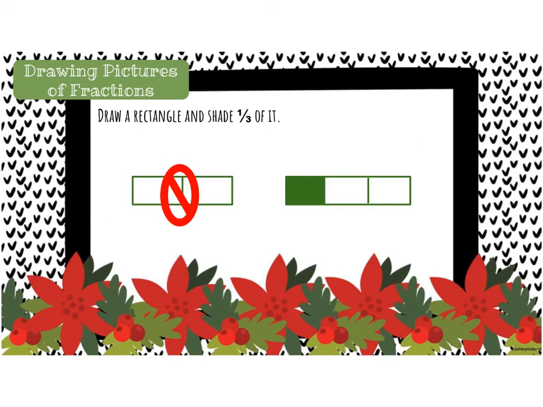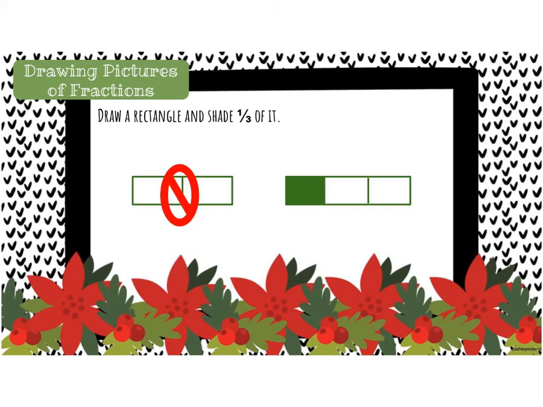Okay, it says draw a rectangle and shade 1/3 of it. First of all, if I'm shading 1/3, how many total pieces would I need to have in that rectangle? I would have to have 3 pieces. So why does the one on the left have a little mark through it? Because it can't be divided into 3 equal parts if it has one in the middle. Exactly.